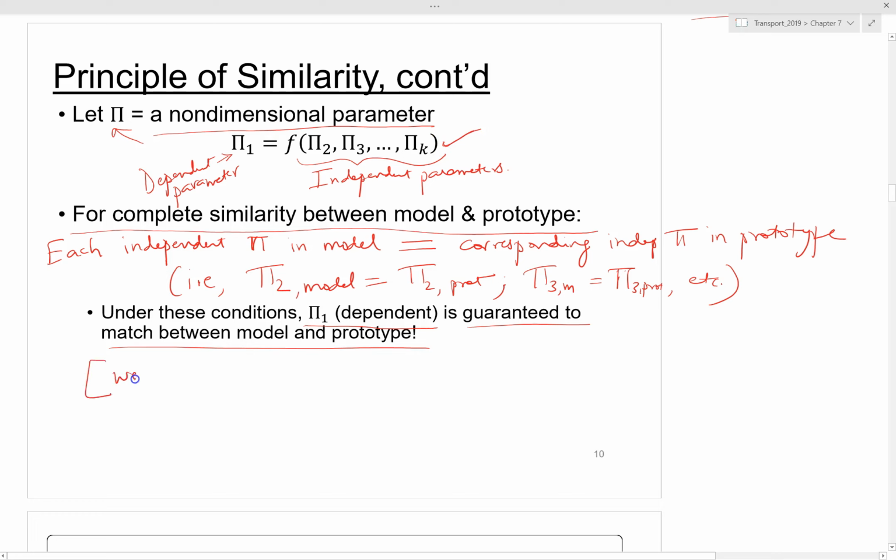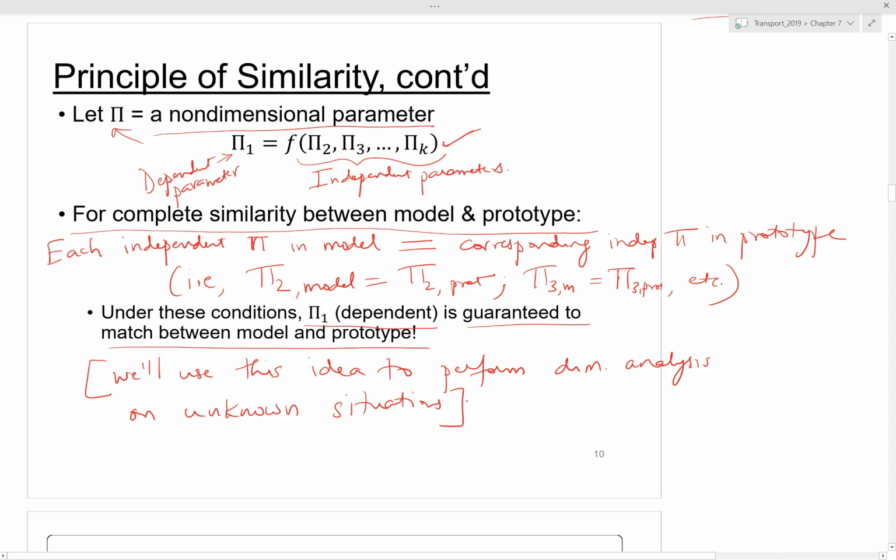So we will now use this concept or idea to perform dimensional analysis on unknown engineering situations or design situations.